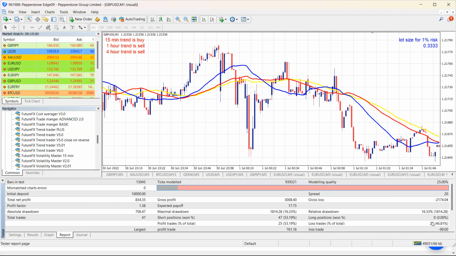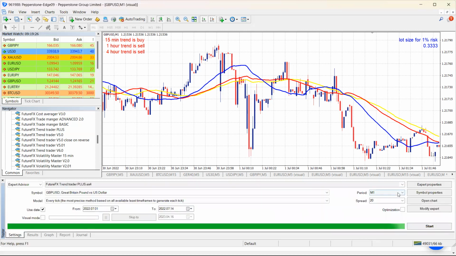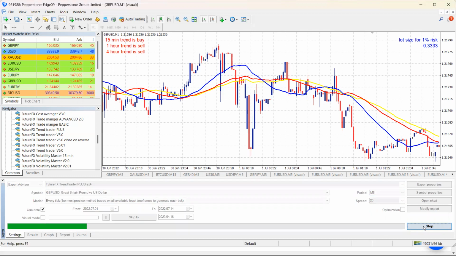So on Euro US, there was basically no losses. So I wanted to show that the new version works well even when you're taking a number of losses, which we've definitely done here. And one thing I do just want to quickly check was the 5-minute one. So on the 1 minute, we had 22 losses, so 53% win rate.